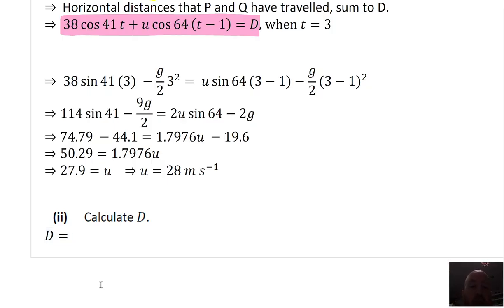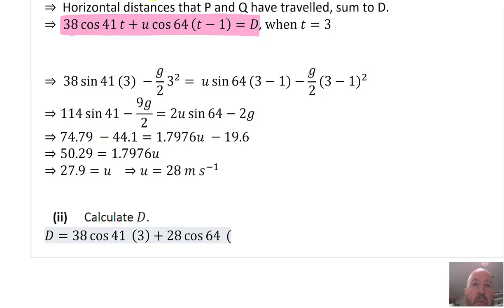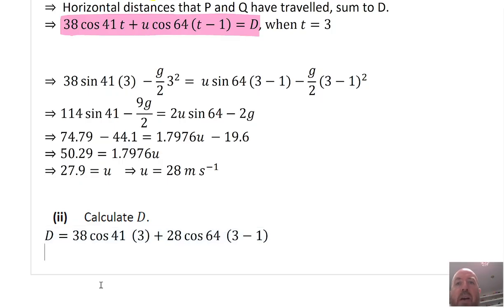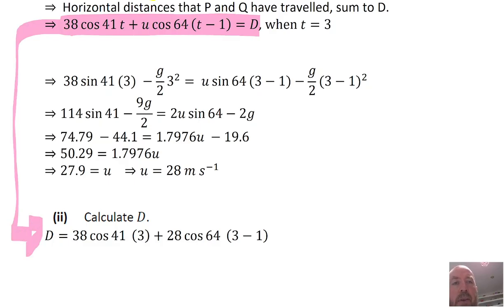So 38 times cos 41 times 3 plus, now u is 28, so 28 cos 64 times (t minus 1). Okay, and that's equal to d. I just reversed the equation just to make it easy. Remember this thing went to here. Okay.